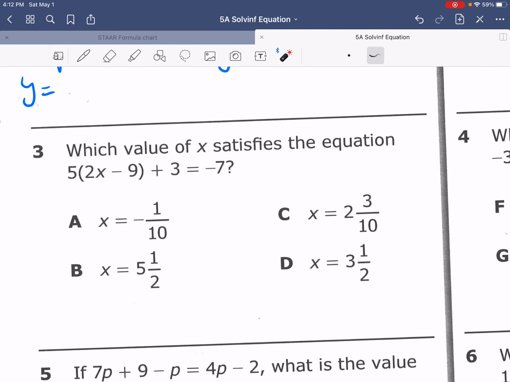But let me show you how to do it by hand for this one. Because minus 3 on both sides. So due to space, let me write it down. 2x minus 9 is equal to negative 10. This 5, you can divide by 5 on both sides, or you can distribute. It's up to you, but let's distribute.